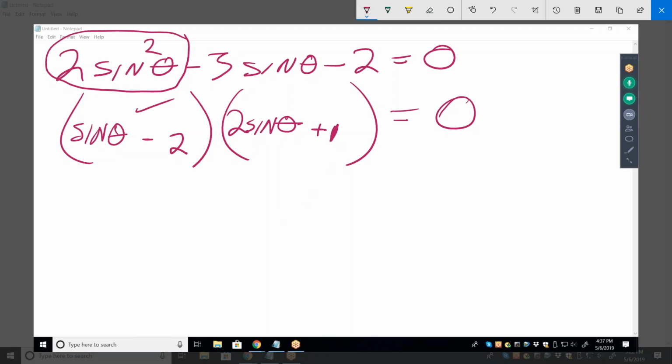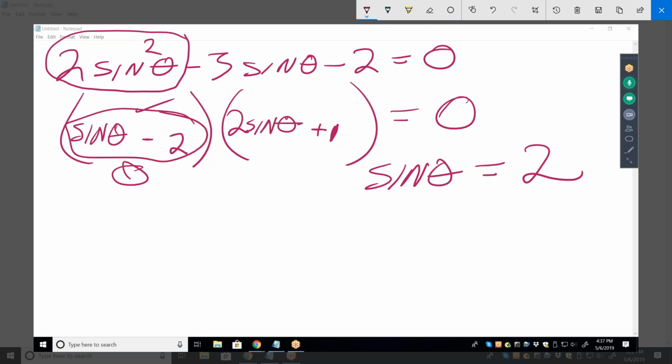Now, let's start with the easy one. Solve that. Okay, so sine of theta equals 2. Well, I'm setting that whole thing to 0, which gives me sine of theta equals 2.